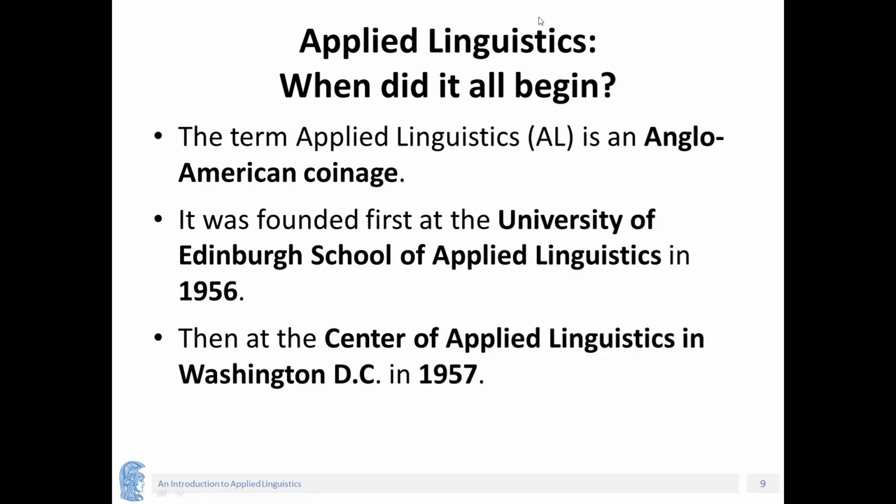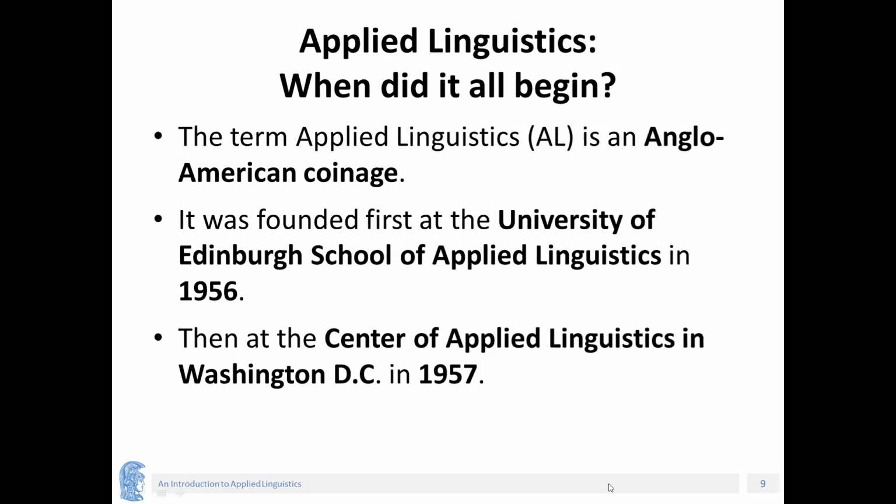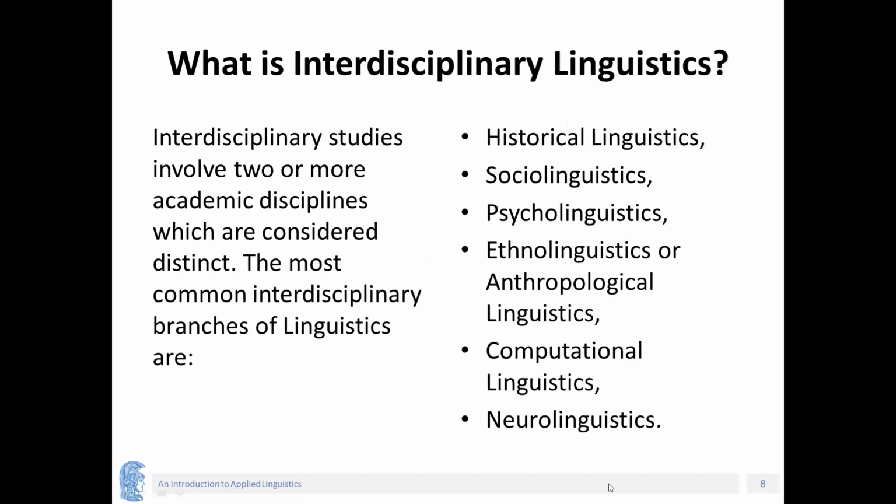Applied linguistics is not there, but you can take applied linguistics also as one of them. Here there are 1, 2, 3, 4, 5, 6 types like historical linguistics, sociolinguistics, neurolinguistics. You can add applied linguistics also.